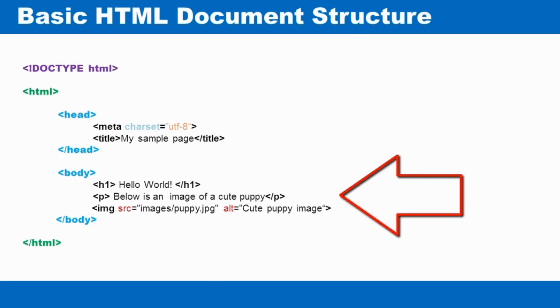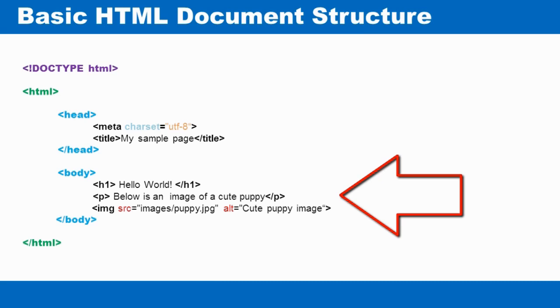Inside the IMG tag, you have to specify a couple of attributes. The first attribute is called the SRC, or the source. So if you're adding an image, you need to use the source attribute to specify where the image is going to be referenced from.